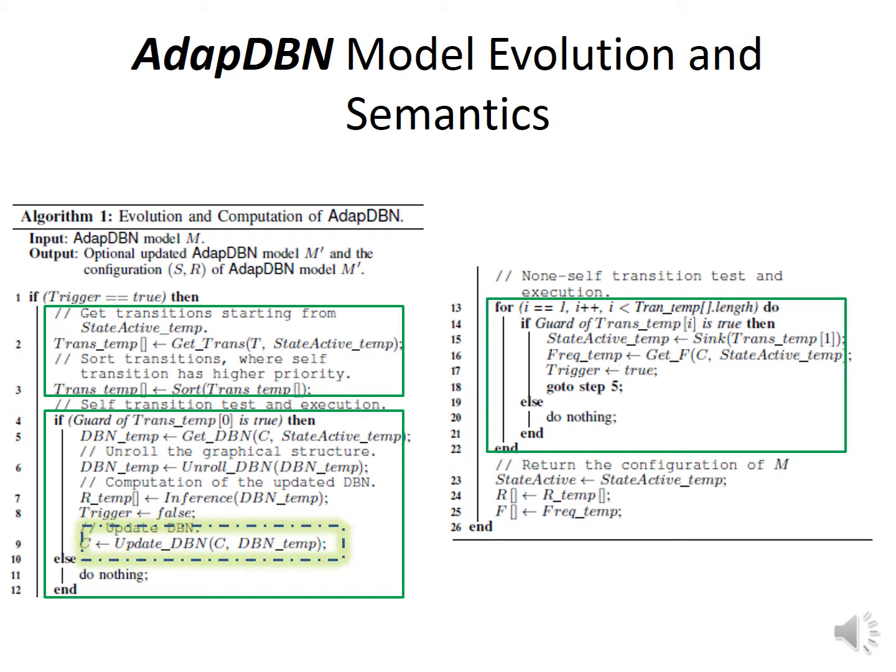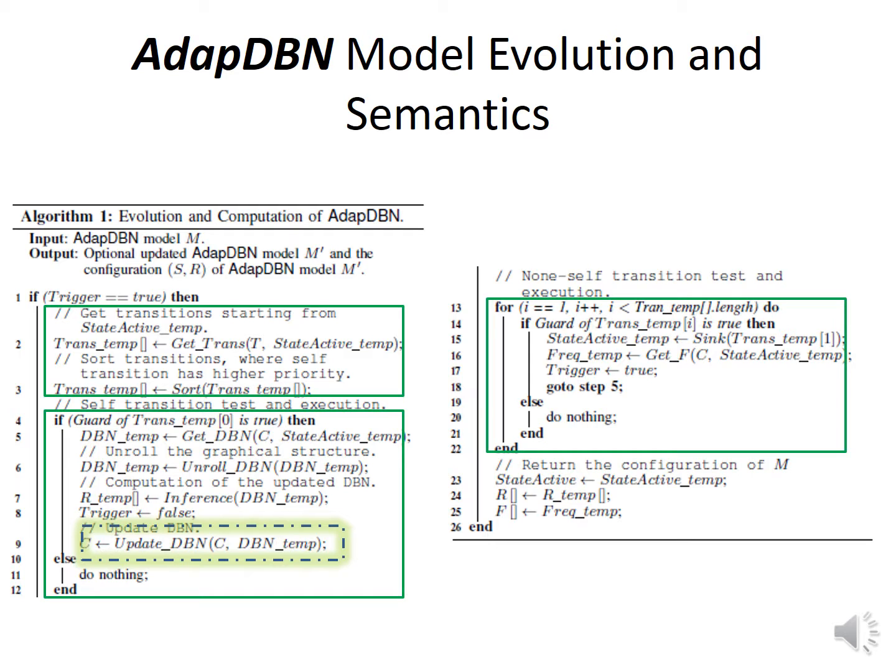Then it will sort the transitions and get the active transition to be executed. If the execution is a self-transition test and execution, first, it will unroll the graphic structure. It will extend the dynamic Bayesian network for one more time slice, and the previous statistics will also be stored and considered in the current calculation.